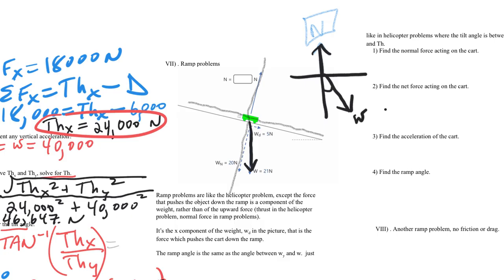The weight has two components, the x and y components. Now there's a slanted force. And so we're just going to draw the x and y components. So we got wx right there and wy right there.